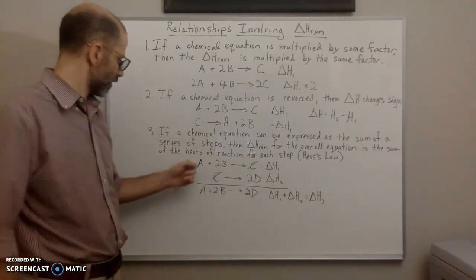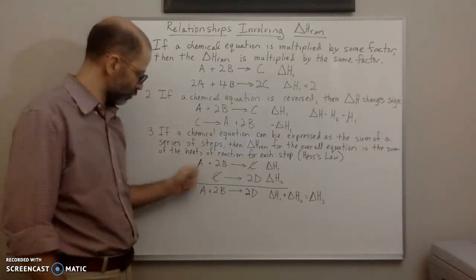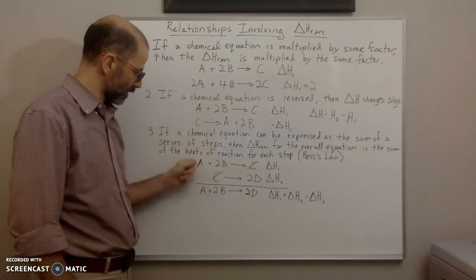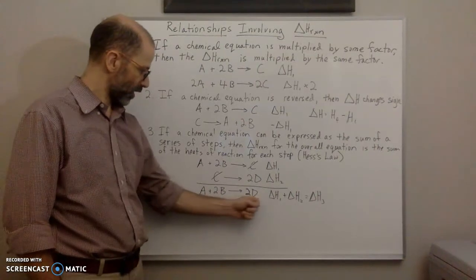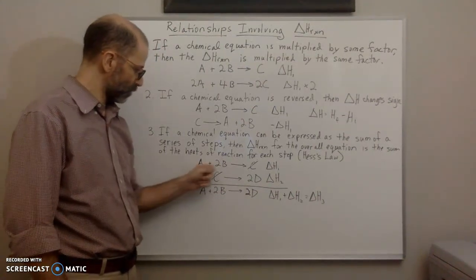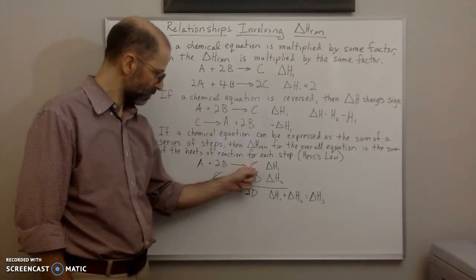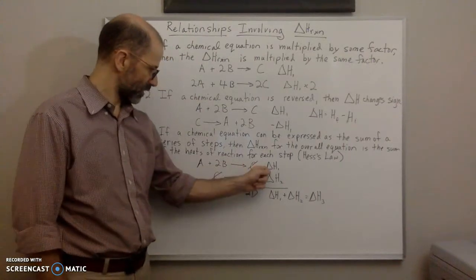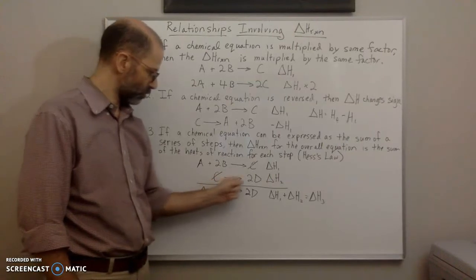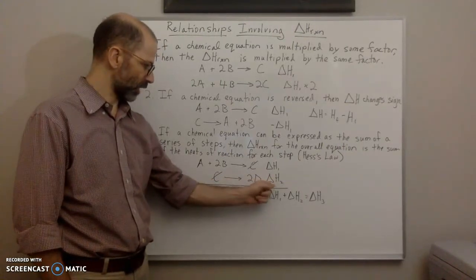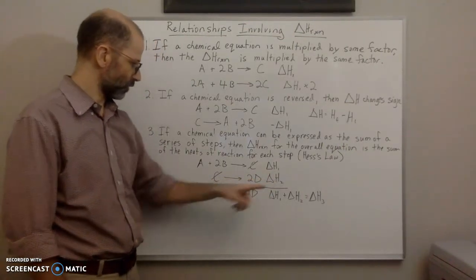To express that, here we have two steps in a series, and they add up to this equation here. So I have A plus 2B gives me C again. This is a delta H1. And then I have C goes to 2D. That's going to be a delta H2.